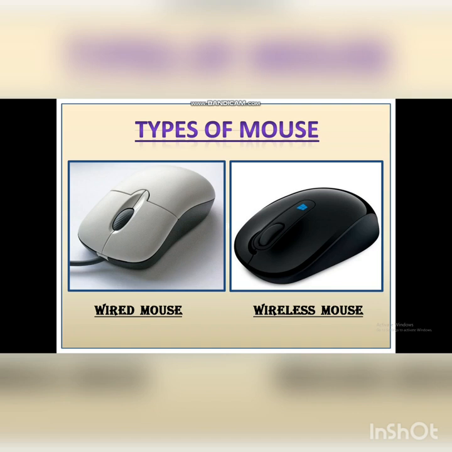There is also a small tail which is connected with the wired mouse, and this wire, also called a tail, gets connected to the CPU so that we can use the mouse easily. Now the second type of mouse is the wireless mouse. As you can see on the right hand side, there is a mouse which has no tail, but it has two buttons, the left and the right button, plus a scroll wheel.